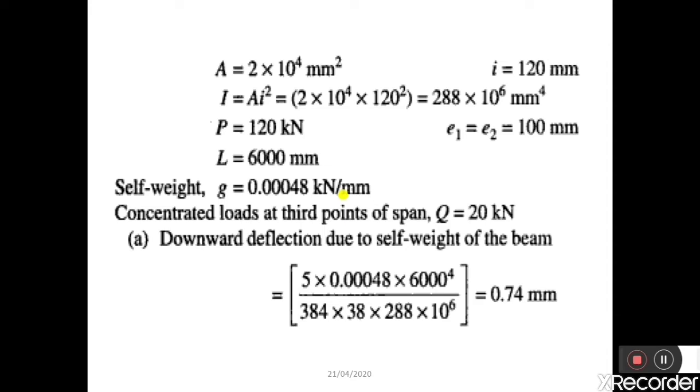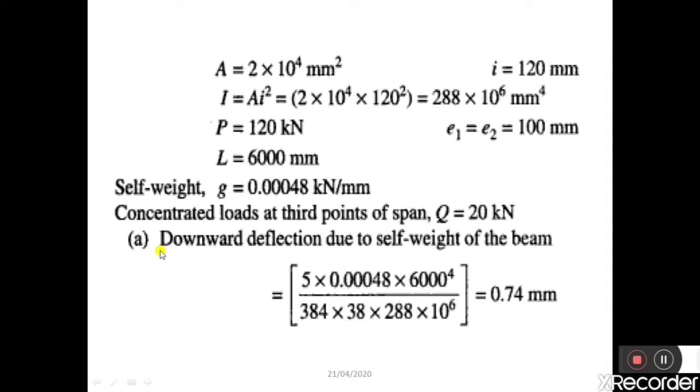Now concentrated loads at third points of the span. It is given that two point loads are acting at a distance of one third of the span. The intensity of each point load is 20 kilonewton.